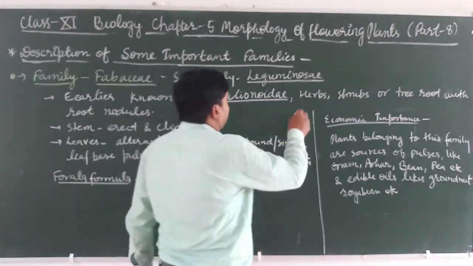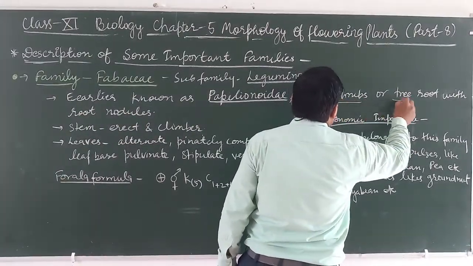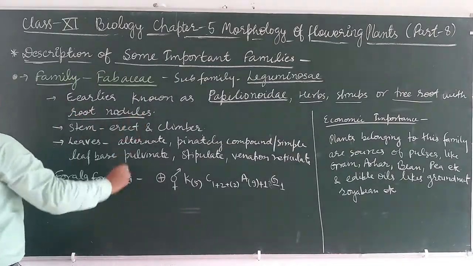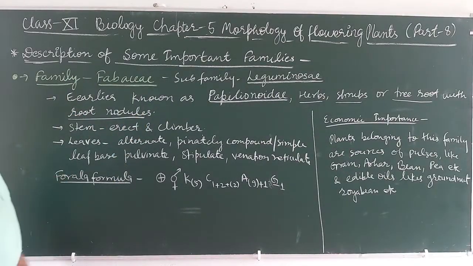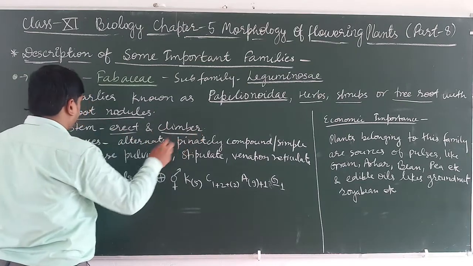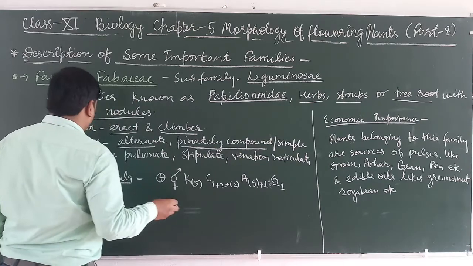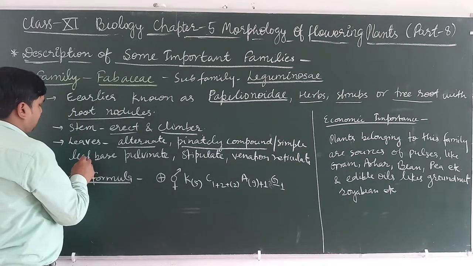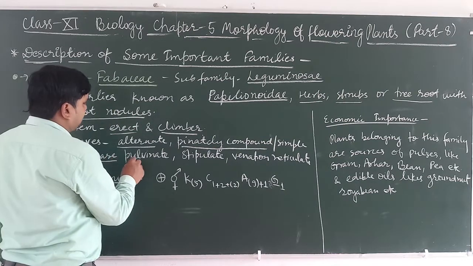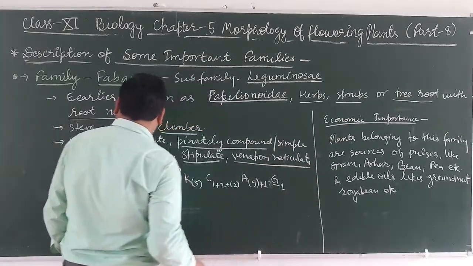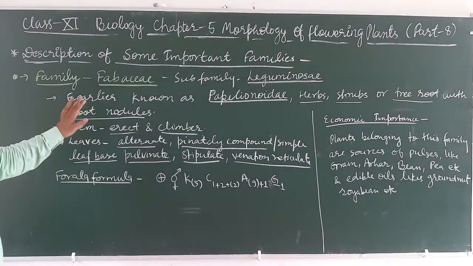Its vegetative characters: herbs, shrubs and trees, with roots having root nodules. The stem is erect or climber, and leaves are alternate, pinnately compound or simple. The leaf base is pulvinate, stipulate, and venation is reticulate in the family Fabaceae.